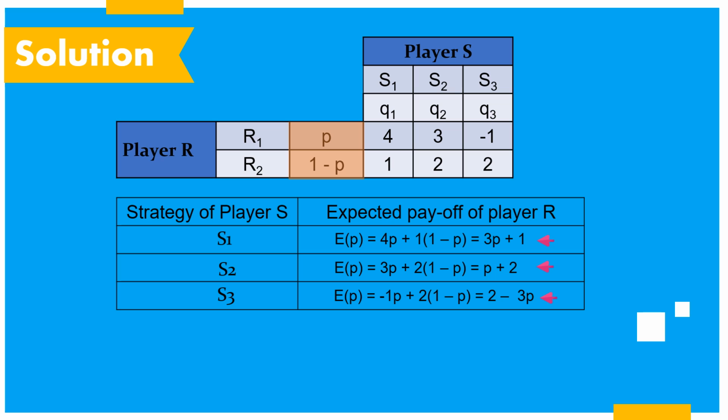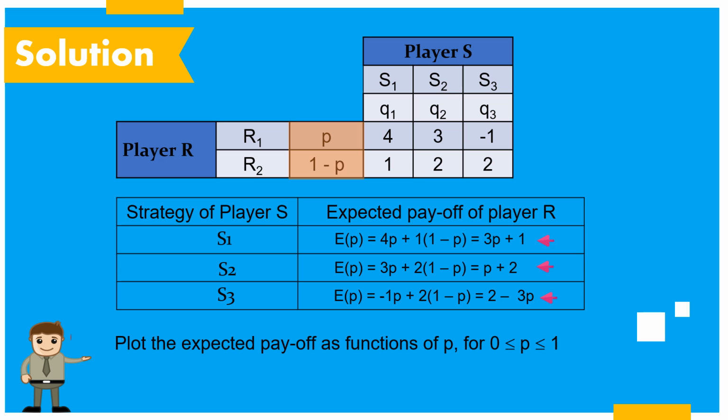Next, the expected payoff for player R is plotted as functions of p for the values of p from 0 to 1 inclusive.